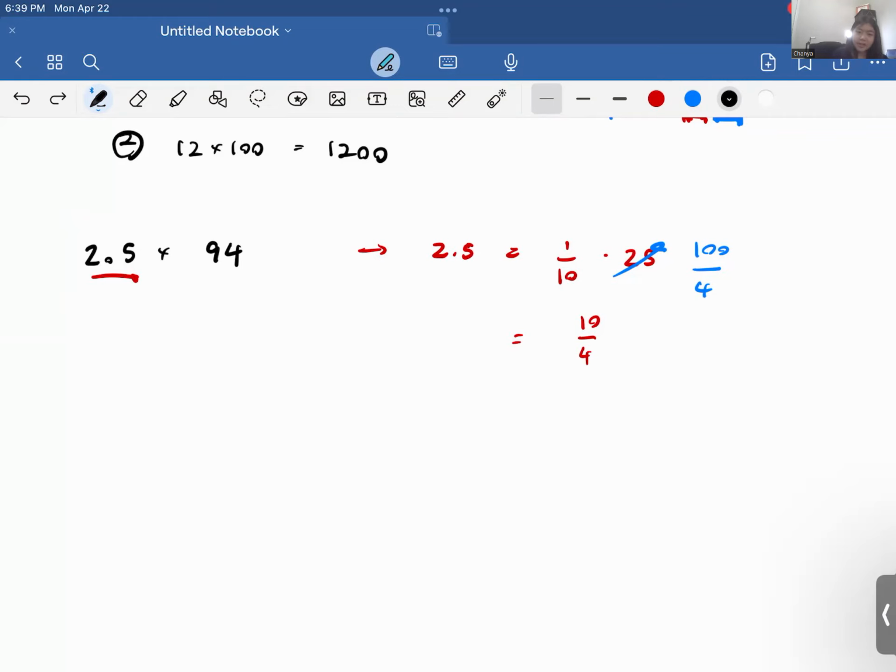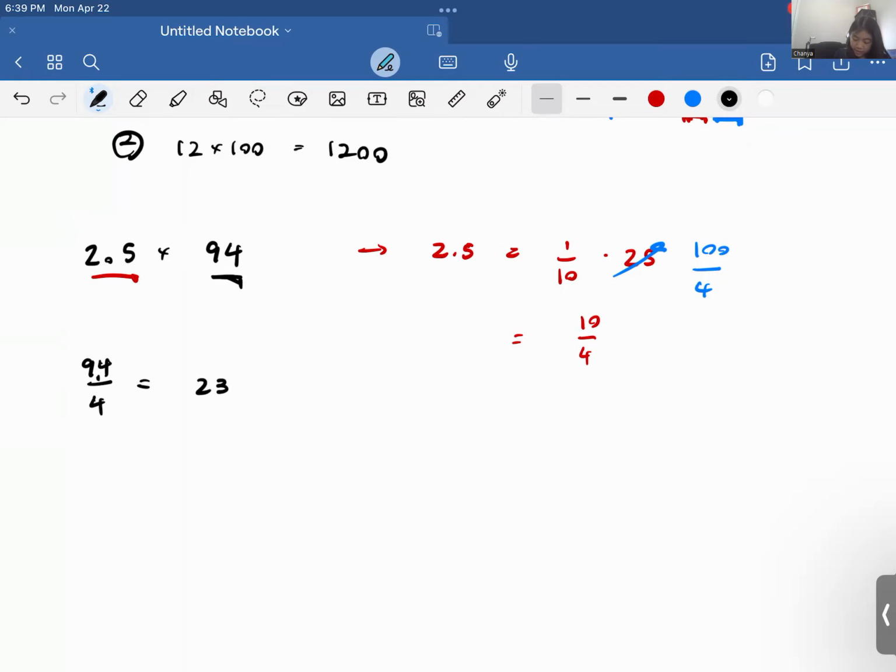So let's try this now. Noticing this new knowledge, we're going to first divide this number by 4. To start off, I'm going to divide 94 by 4 to get 2, remainder of 1, and then 4 times 3 is 12.